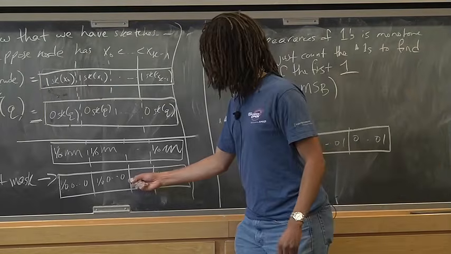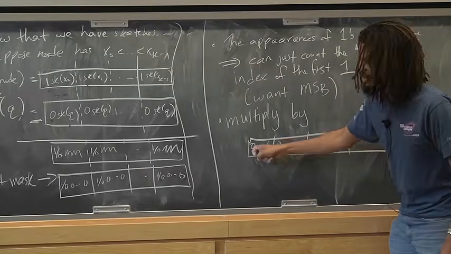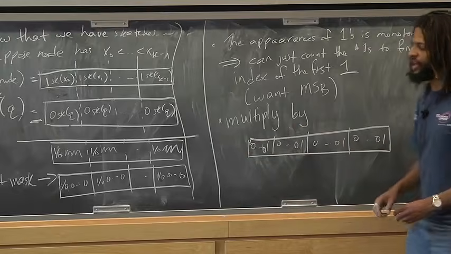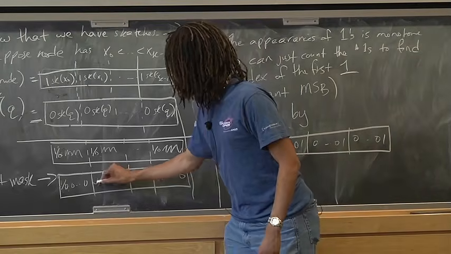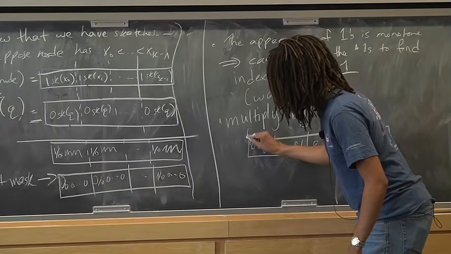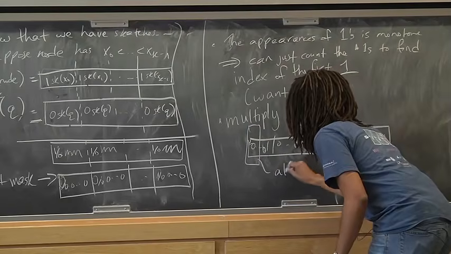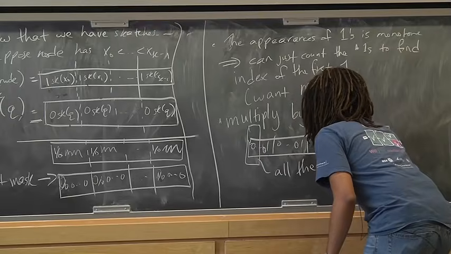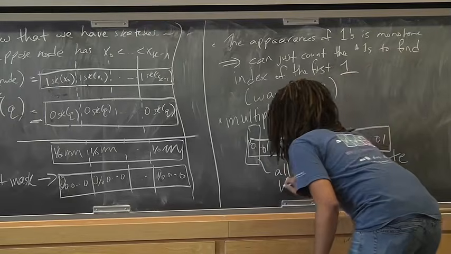If this is a 1, that 1 will appear here, here, here, etc. The point is, when you do the multiplication, all the 1s contribute by adding starting at this position.